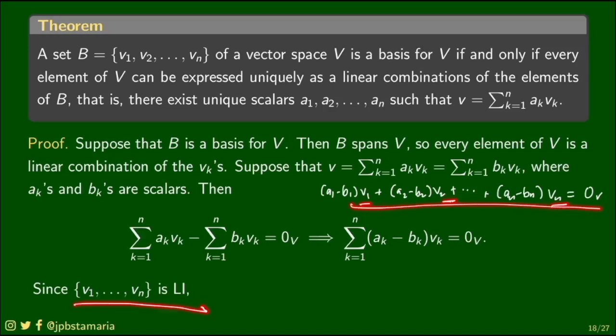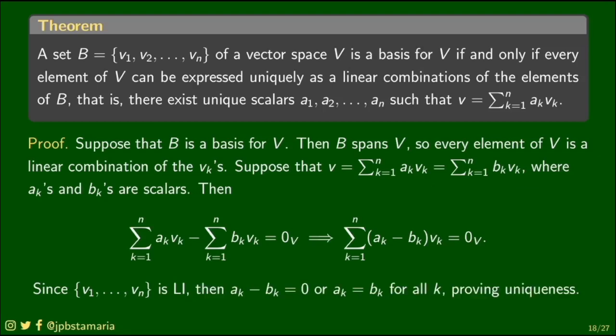Whenever you have this equation, if the vectors vi's are independent by definition, the scalars must all be zeros. So each one of these must be zero, and then ak must be equal to bk for all k. And that proves uniqueness. Why? Because actually there aren't two ways, because ak in the end is just the same as bk.